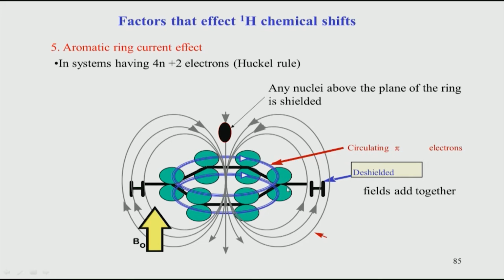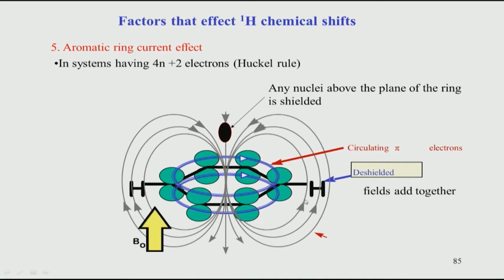Again, remember that any movement of charge generates a magnetic field, and therefore, because of the circulating pi electrons there is a magnetic field around this particular ring. The magnetic field lines are shown here by these grey arrows. You can see the magnetic field goes into the plane of the ring and then comes out.